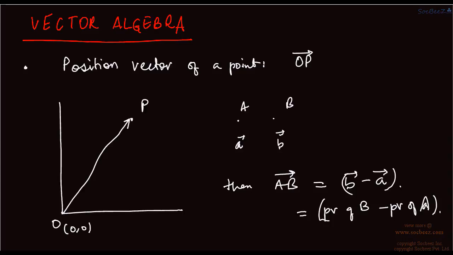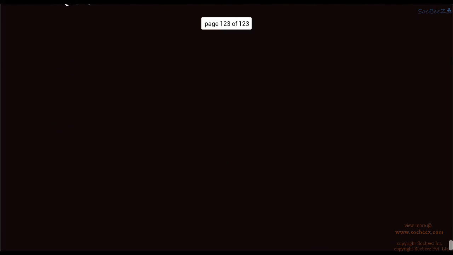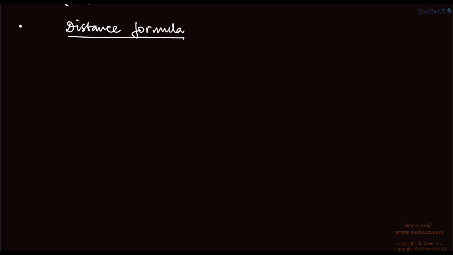Now, as this chapter is more connected with the straight line chapter, the distance and section formula will all be the same here. First, the distance formula. If you have two vectors A, B, then the distance AB will be the mod of B vector minus A vector.